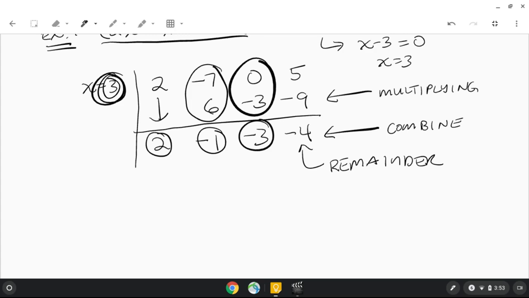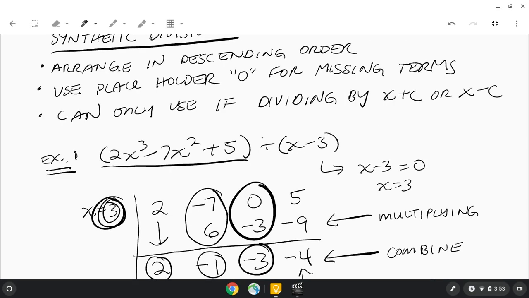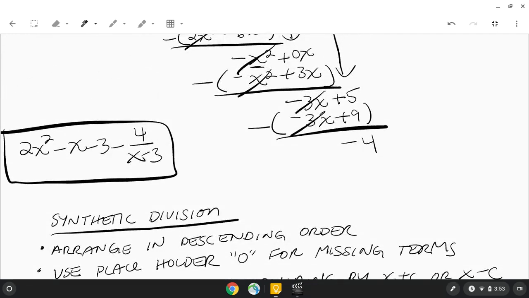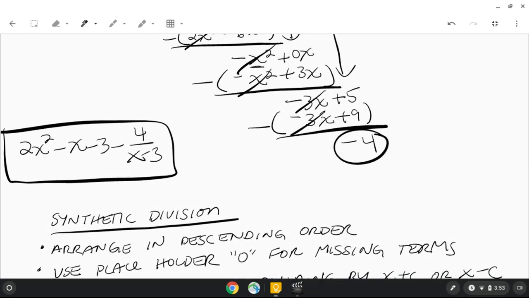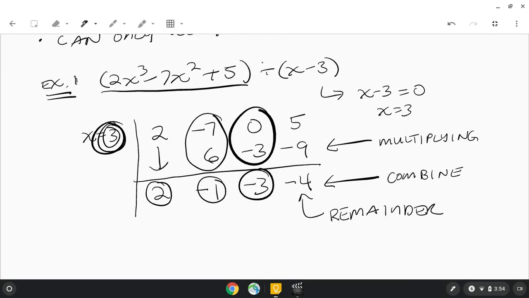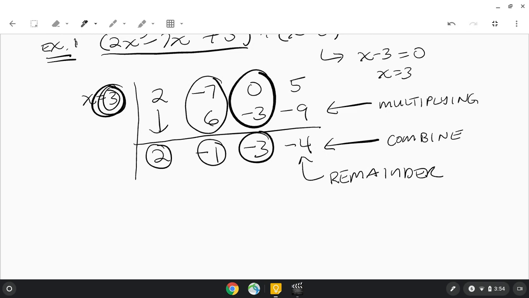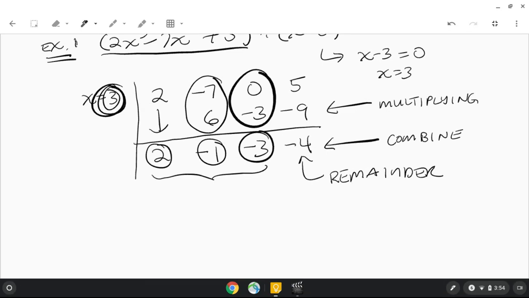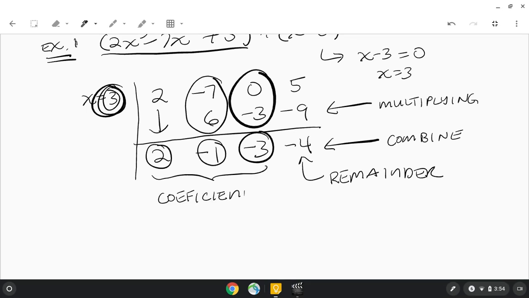And if you look back to here, we see that the remainder here is -4. So that last number is always the remainder. And these guys here are your coefficients of your answer.